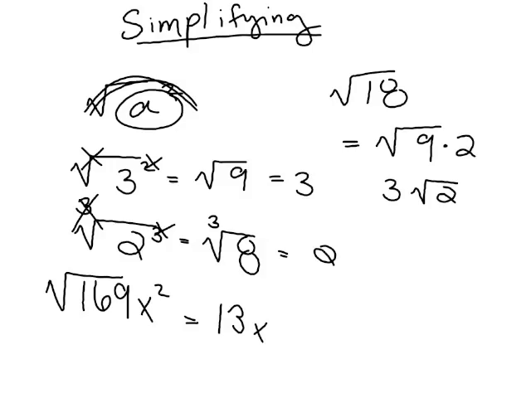So here's a couple more examples. What if I have the square root of 49p squared? Remember, those are different. So what's the square root of 49? 7. And then the square root and the squared cancel each other out, and I'm left with p.